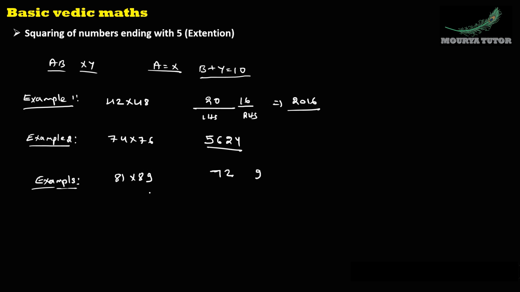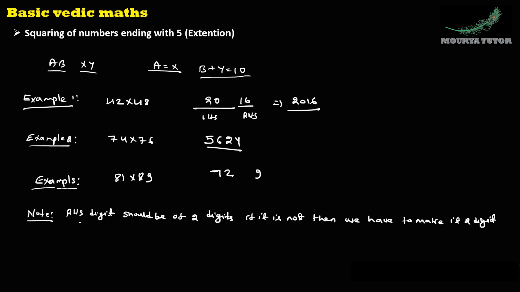Remember one thing, the number of digits in RHS will be 2 only for these two rows. Just take care as a note, whenever more than 2 digits are required, I will tell you. For that you don't have to worry. Okay, so take it as a note. Now remember this thing, the RHS should be of 2 digits.